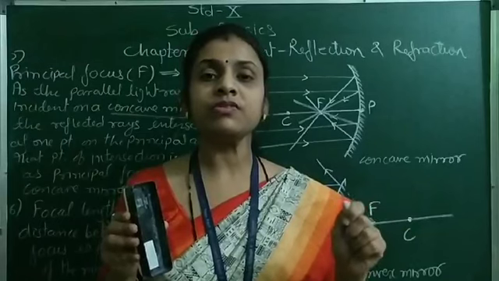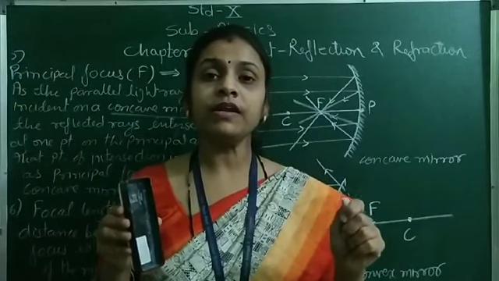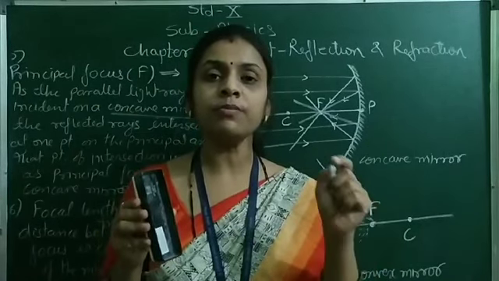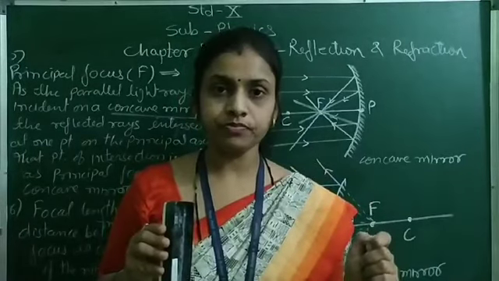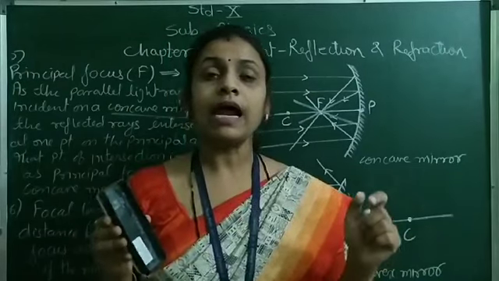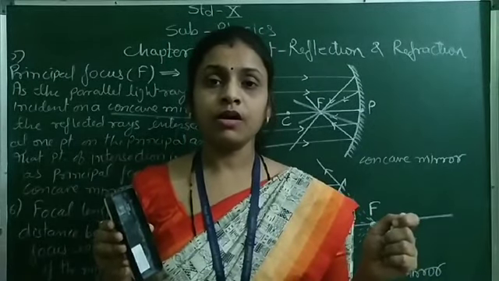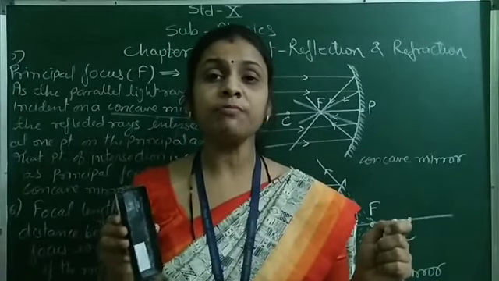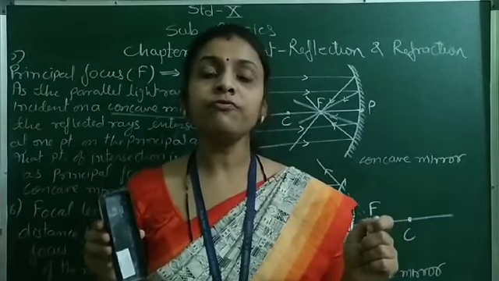Adjust the paper so that the reflected light rays form a sharp bright spot on the paper. Now hold the concave mirror and the paper steady for a few minutes.